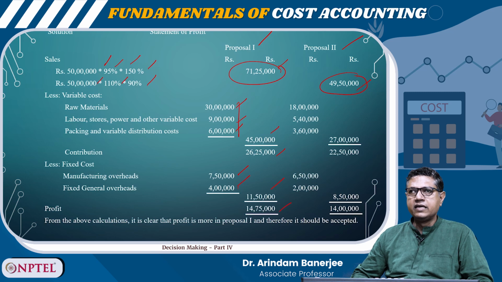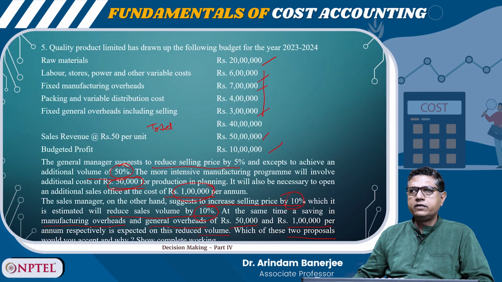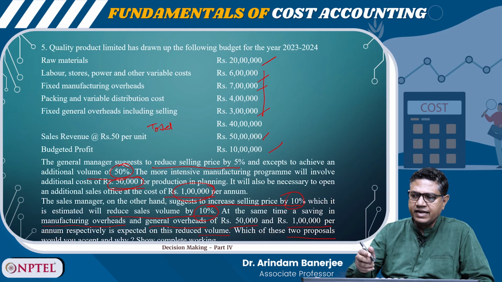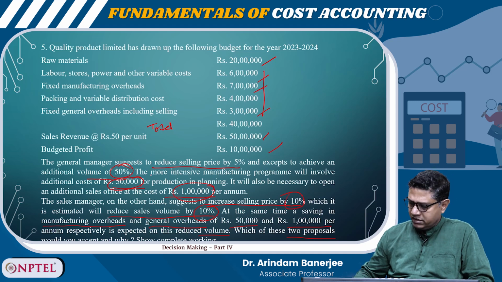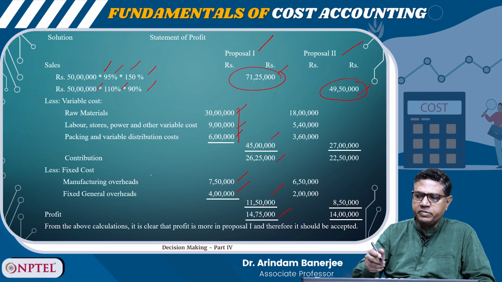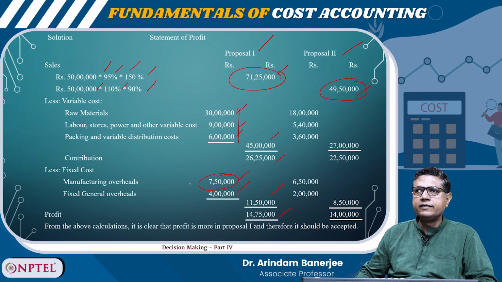This is in case of proposal 1. So, this I can see from here, right. Here the fixed manufacturing overhead is 7 lakh, and I am adding 50,000, so 7 lakh is becoming 7 lakh 50,000.